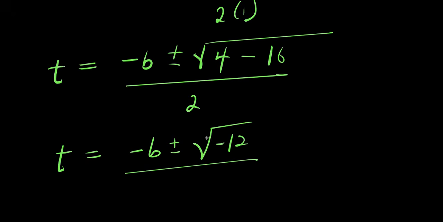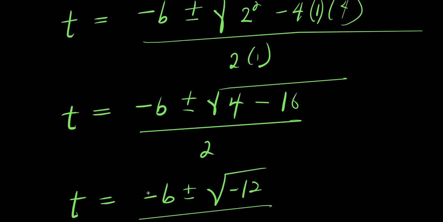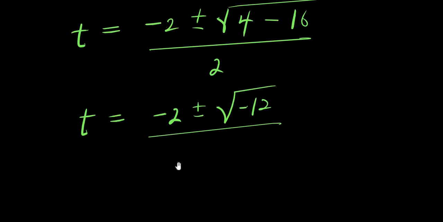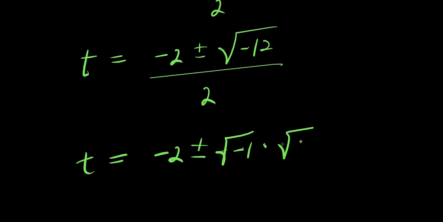Our b is 2, so this will be negative 2. So from here, this is divided by 2. We have t equals negative 2 plus or minus square root of negative 1 times square root of 12, divided by 2.